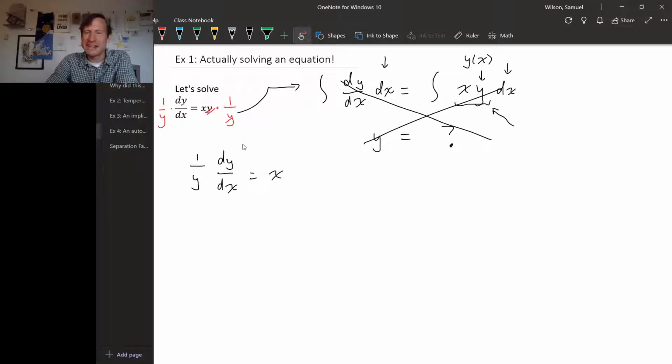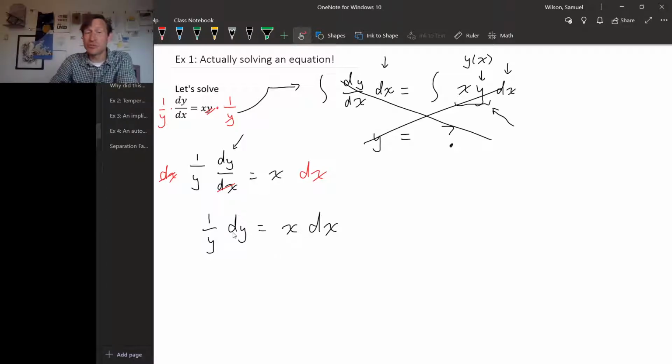Now, one of the great things about this d notation for derivatives is the ratio dy dx is a derivative, but we can actually treat the dy and the dx separately as differentials. And so we can actually multiply both sides of this equation by dx, and the differential on the left, dx, cancels the one right there, and we get 1 over y times dy equals x times dx.